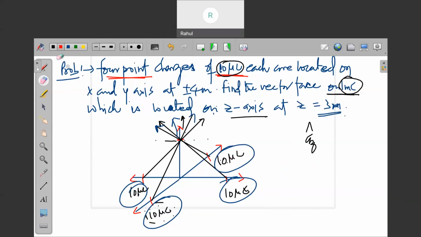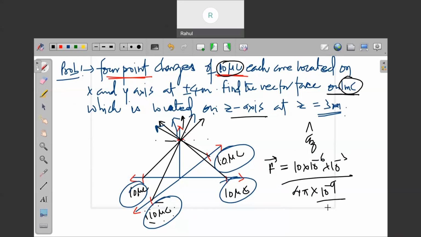First, the force will be F equal to what? That is 10 coulomb into 1 millicoulomb, right? So that will give what? 10 into 10 raised to power minus 6, 10 raised to power minus 3 upon 4 pi into epsilon naught, that is 9 by 36 pi, right?